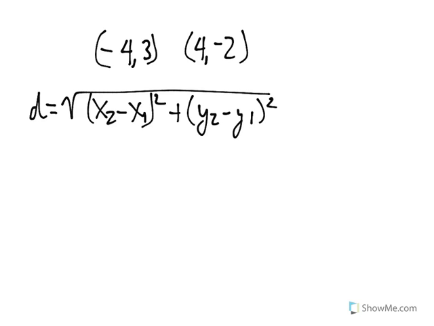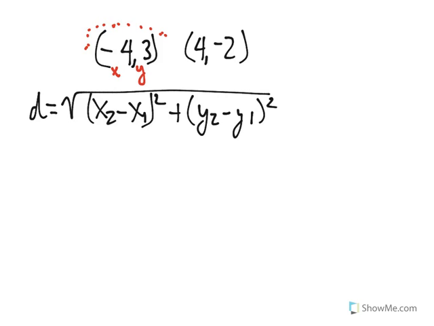So in my ordered pairs, I'm going to get two ordered pairs. I need to identify what counts as my x1, what counts as my x2. What does that mean? If you look at this, this is my first ordered pair. This one here. So which is the x number? The -4 is. Which is the y number? 3.